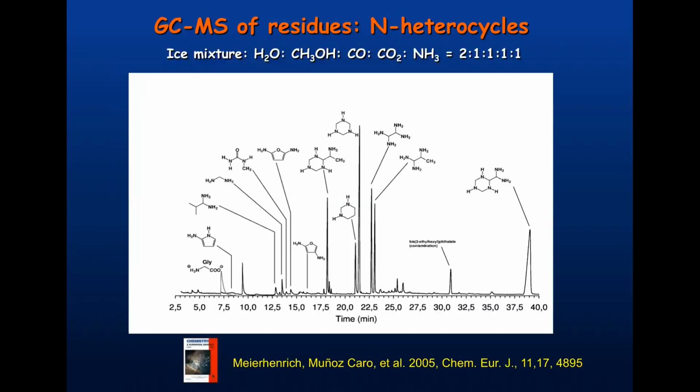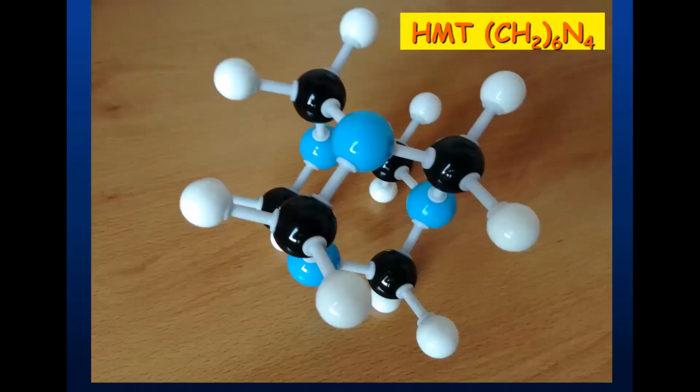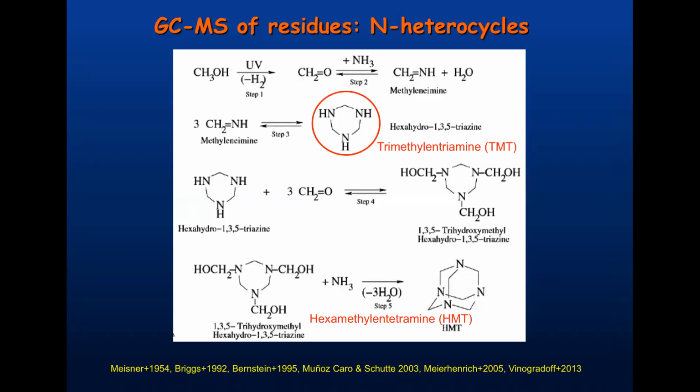And furthermore, when you do the chromatographic analysis, you see many nitrogen heterocycles, and in particular, the most abundant one is this one, that I will refer to as TMT, okay? And the good thing is that this TMT is a precursor of the well-known HMT, the hexamethylene tetramine that you can see here. So, well, the synthesis of HMT is quite complicated, and probably it is not even correct, but this is what we know so far. So you go from TMT to HMT somehow.